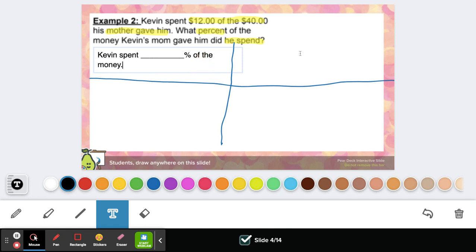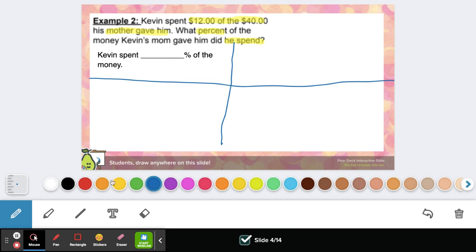Now over here on this side, I need to write my plan, which is I need to set up my proportion. So it's going to be my part over my total is equal to my percent over 100.